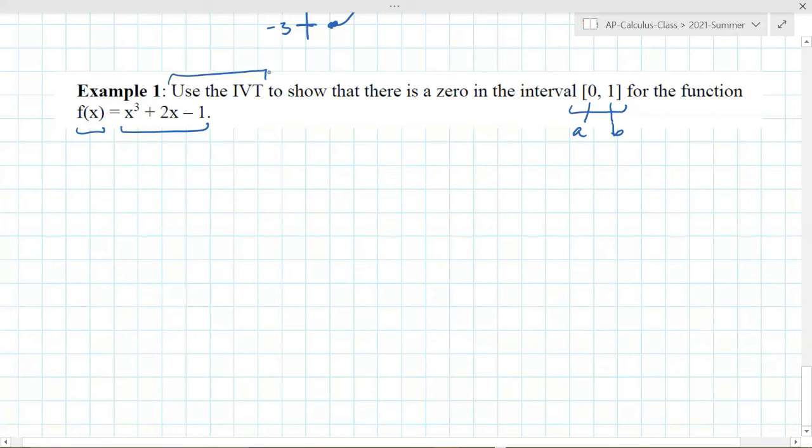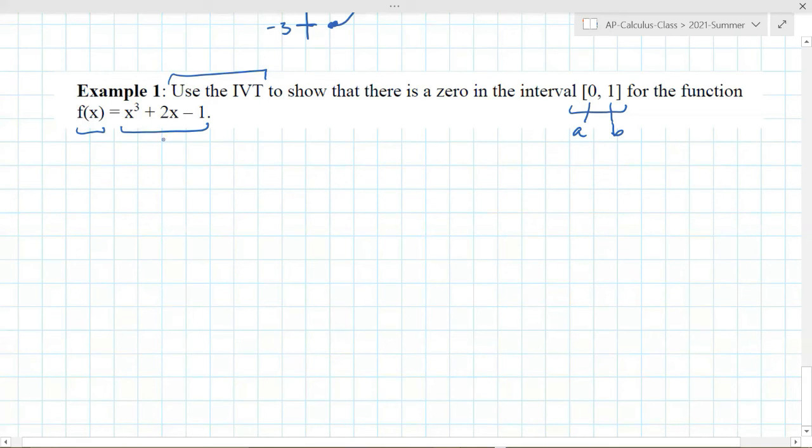So what more is required in order for us to use the IVT? This f of x has to be continuous. The IVT says that there is a continuous function over a closed interval. So if f of x is not continuous, then it's not going to work. So first thing we have to show is that f of x is continuous.